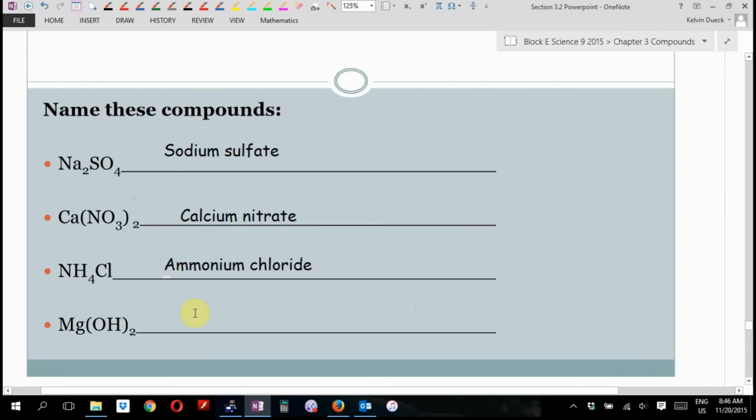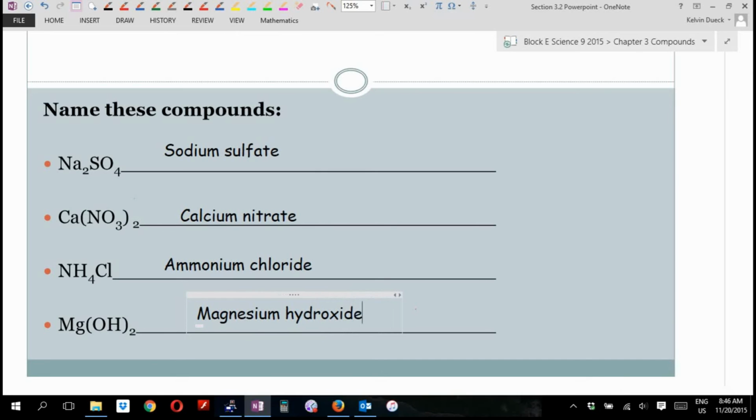How about this? Magnesium hydroxide. OH is hydroxide. I think that's the only polyatomic that you guys have that ends in an ide. Oh, I guess hydrogen sulfide or bisulfide. Oh, and cyanide. Okay, there's a couple that end in an ide. Most of them end in ates or ites or other weird stuff.